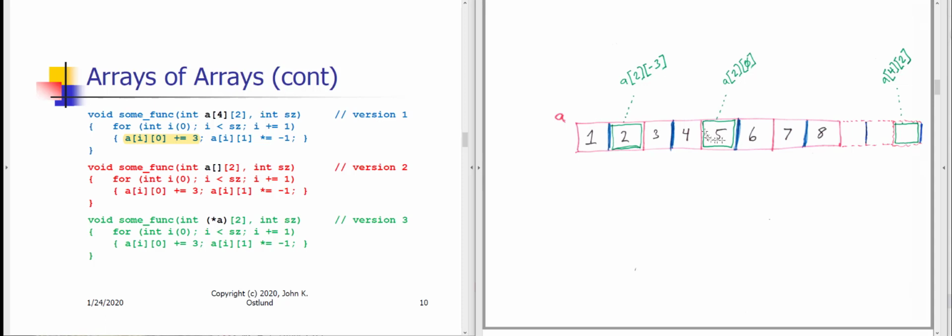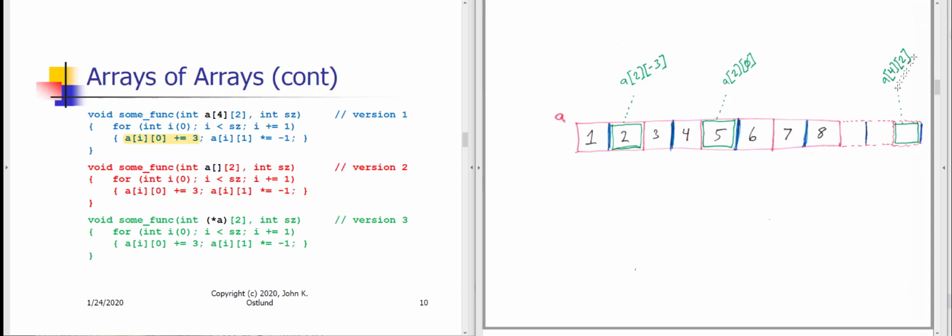So if this is A sub 2 sub 0, then A sub 2 sub minus 1 must be the 4. A sub 2 sub minus 2 is the 3. A sub 2 sub minus 3 is the 2. So A sub 2 sub minus 3 is 1, 2, 3 ints worth of memory before A sub 2 sub 0.